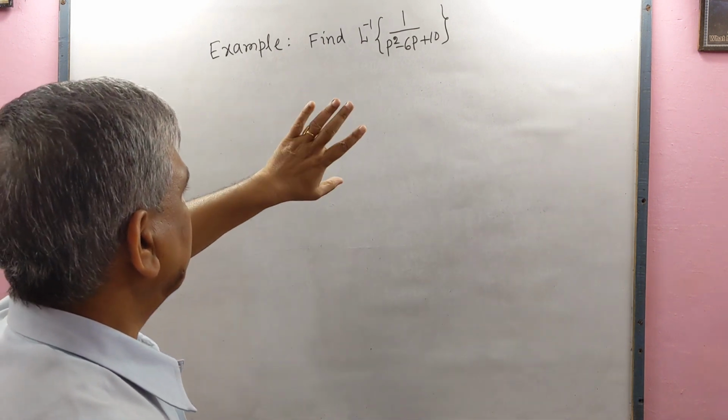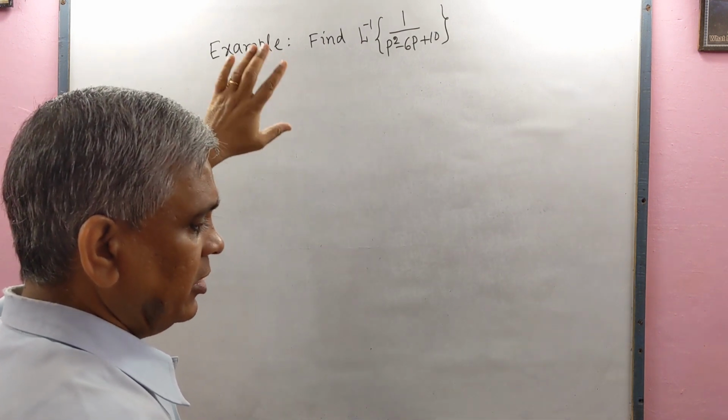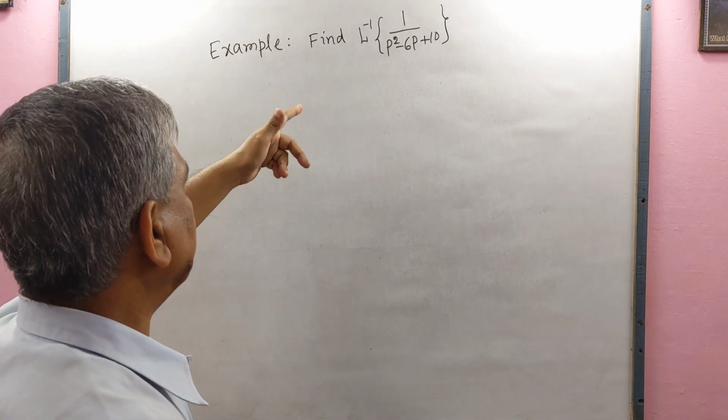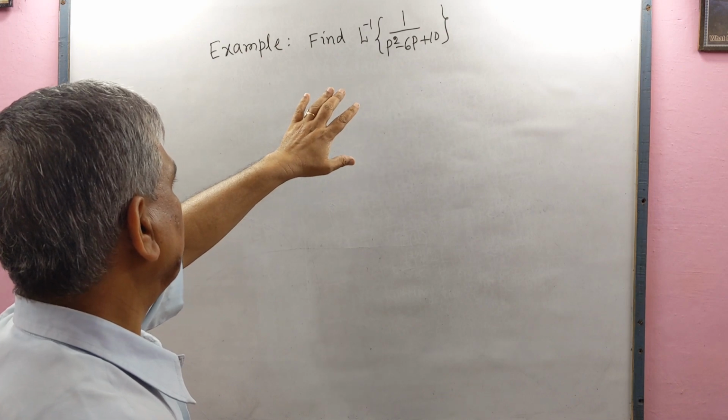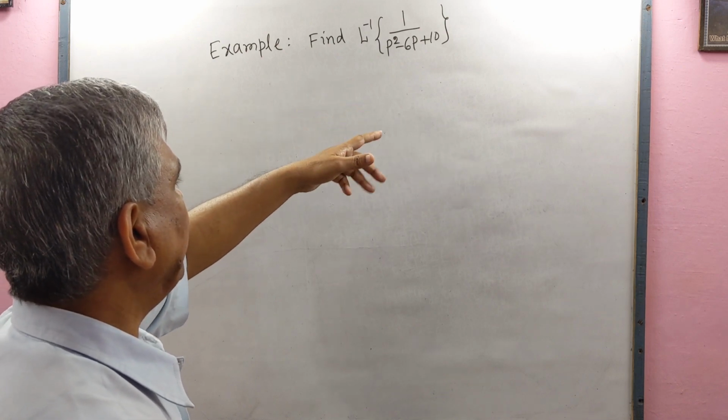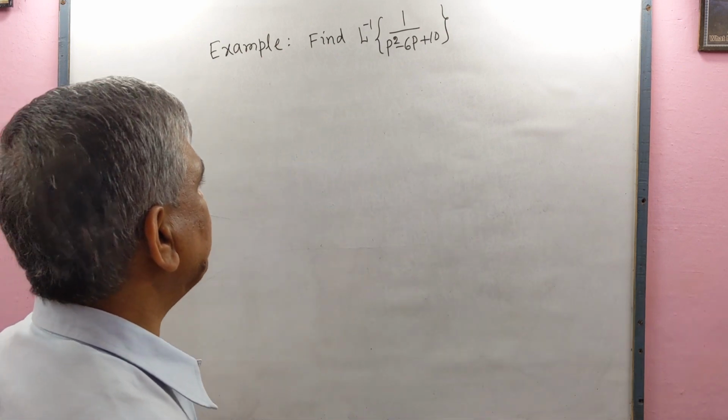Now we shall use this theorem in an example. Find L inverse 1 by p square minus 6p plus 10.